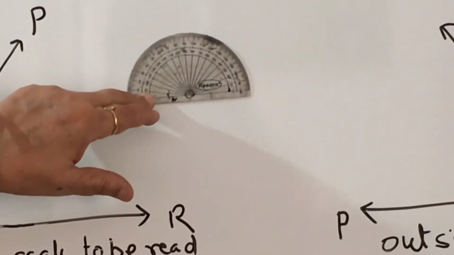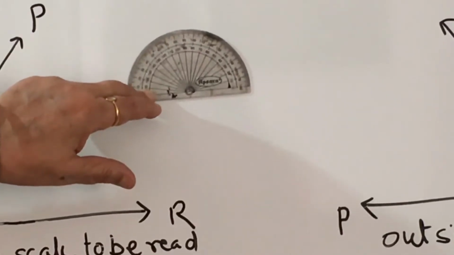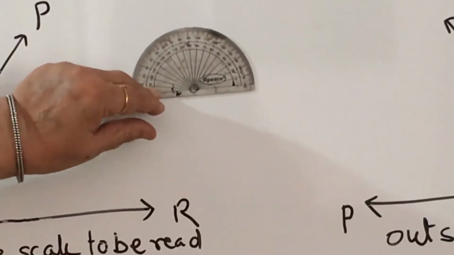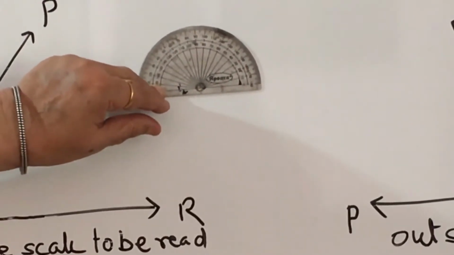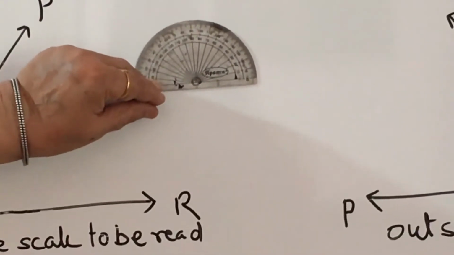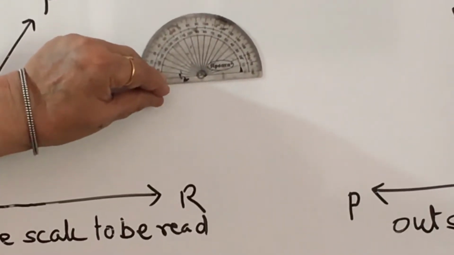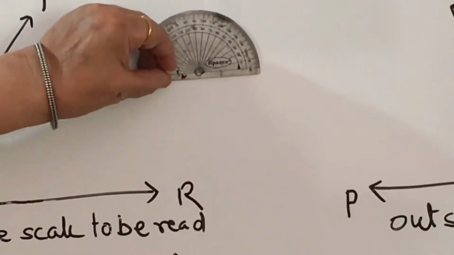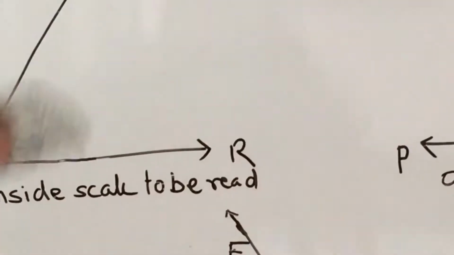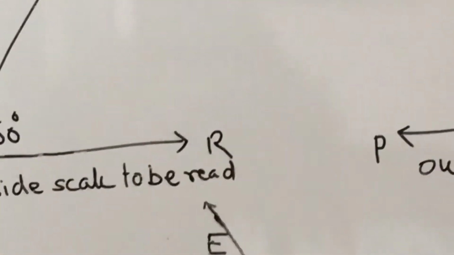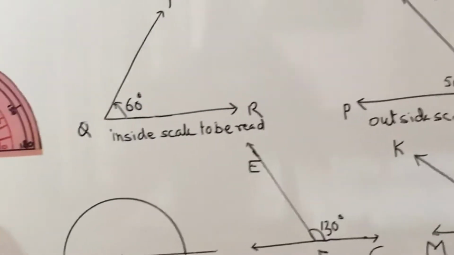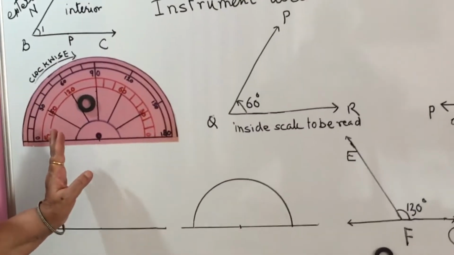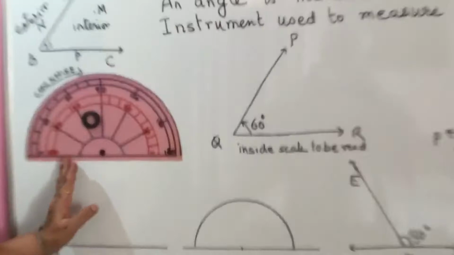The marks are there on the edge of the semicircle and it is divided into degrees. The smallest part on the protractor measures 1 degree. I have also drawn a model of the protractor and stuck it on the board.